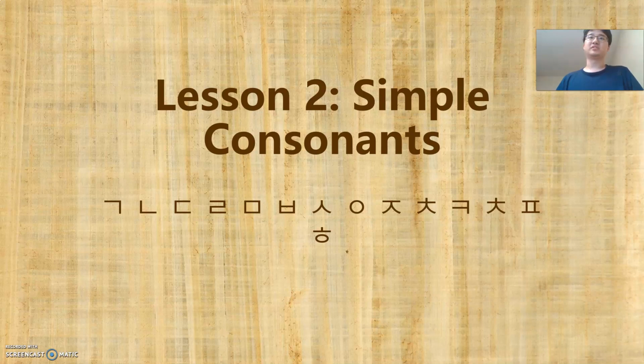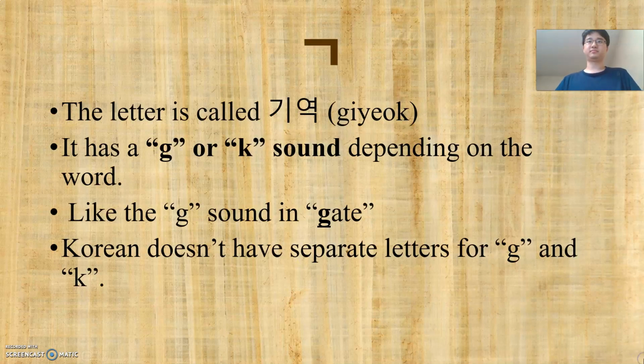Today we're going to learn what I call simple consonants, which includes the bulk of the consonants in the Korean language. So let's get started. The first consonant that I'm going to talk about is the letter called 기역.